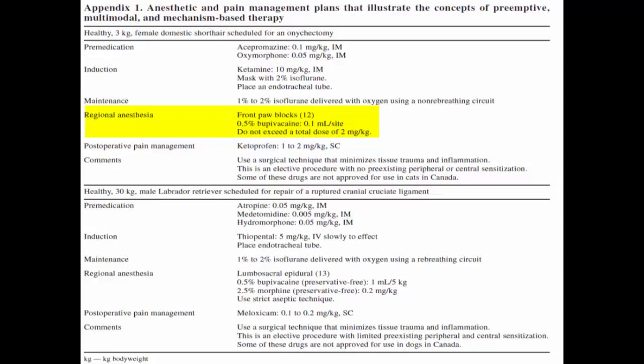And so you can see here that they are combining general anesthesia with regional anesthesia in these two protocols. And finally, they are providing an analgesic in the recovery phase for the treatment of postoperative pain. They're using non-steroidal drugs, which is ketoprofen on the top one and meloxicam on the lower protocol.